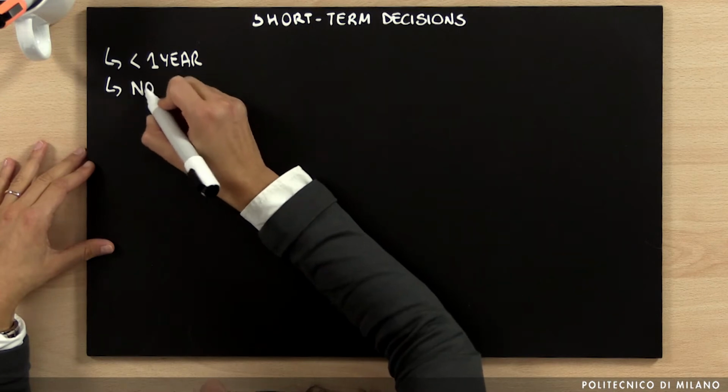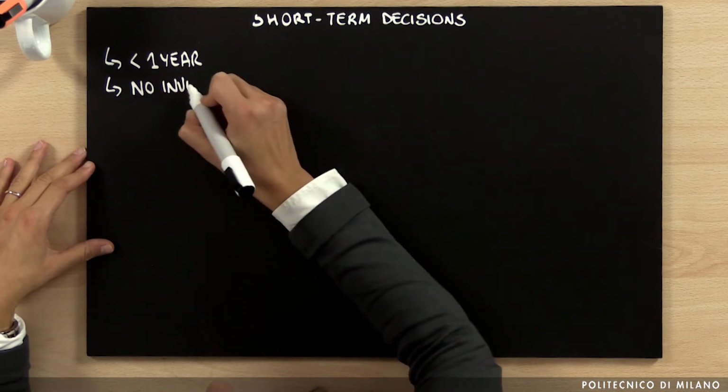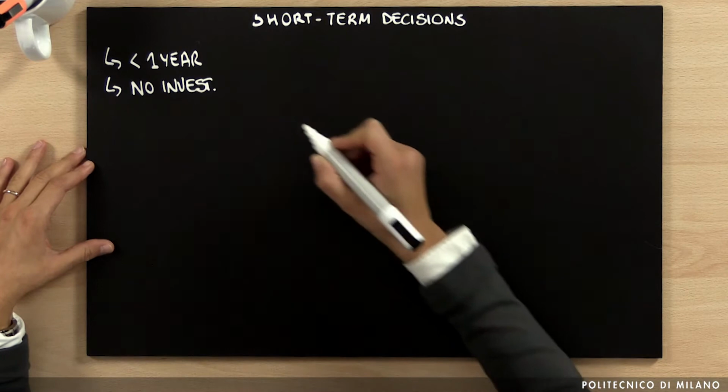So no investments are required. This means that the resources are fixed. To say it in other words, the asset side of the balance sheet is the same. We do not need to invest to deal with this kind of short-term decision. So these are the two distinctive characteristics when we deal with short-term decisions.